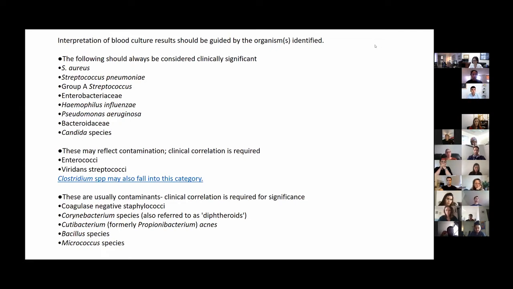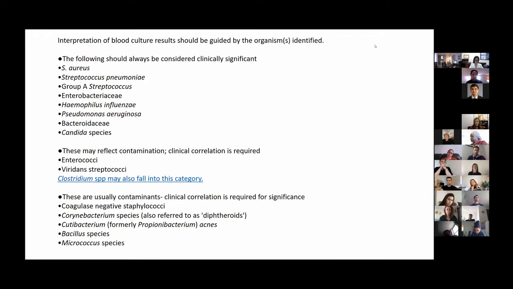The middle group, which is Enterococci and Strep viridans, are also kind of undergoing a change. Enterococci was always historically thought to be not very pathogenic. And even still, there are some clinicians that if they see one blood culture, one bottle, may not treat if the patient is clinically well. But it is increasingly recognized as a problem as we have an aging population.